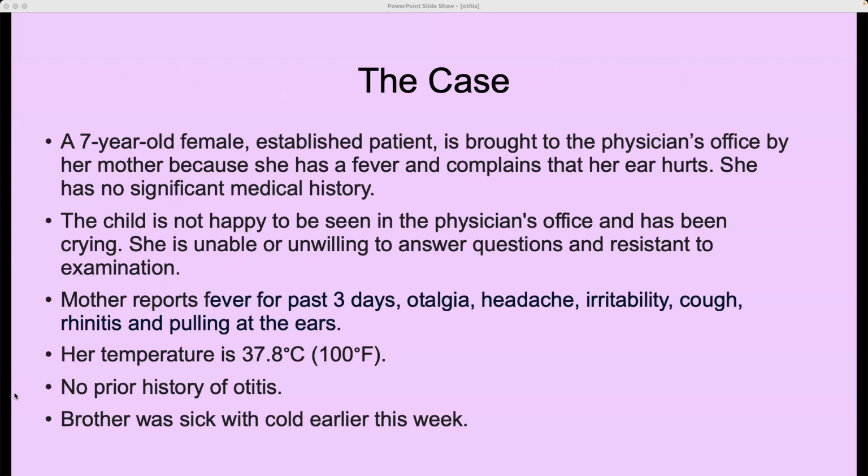The mother reports fever for the past 3 days, otalgia, headache, irritability, cough, rhinitis, and she's pulling at her ears. Her temperature is 100 Fahrenheit, no prior history of otitis, but the mother also notes that the brother was sick with a cold earlier this week.